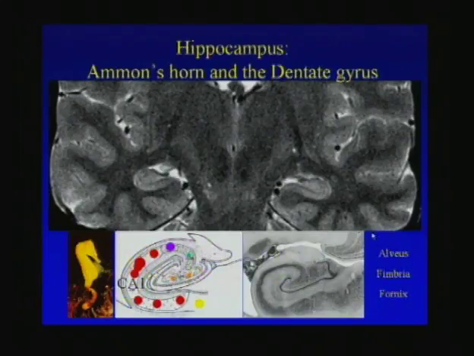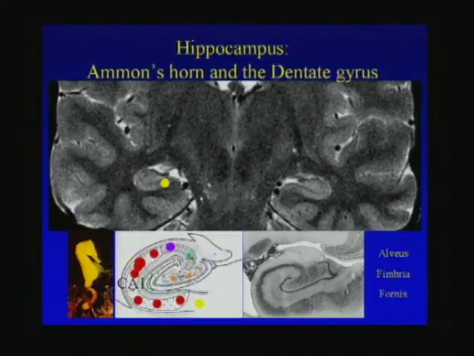Take a look at the hippocampus, which is composed of Ammon's horn and the dentate gyrus. If we look at this microscopic section, we see these neuronal cell bodies, and in the schematic representation, we see CA1, 2, 3, 4, which interdigitates with the dentate gyrus.